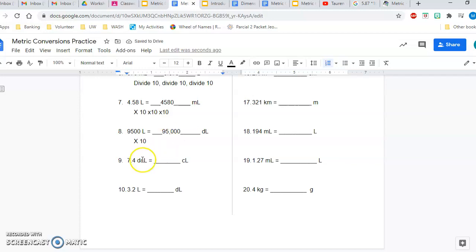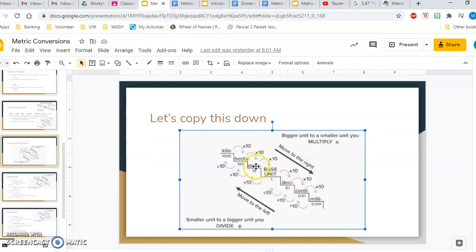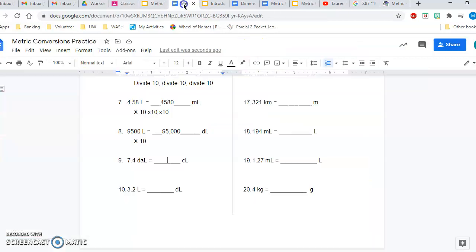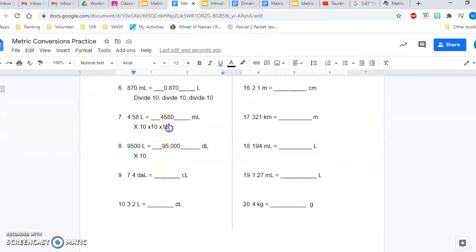Now we have decaliters to centiliters. So this gets a little bit trickier. We're starting at deca and going to centi. So we're going to go down our staircase. So we'll multiply by 10, multiply by 10, and multiply by 10. So we have 3 times. So I'll put that there. And then if I were to move my decimal point, for every 10 I have, it'd be 1, 2, 3.